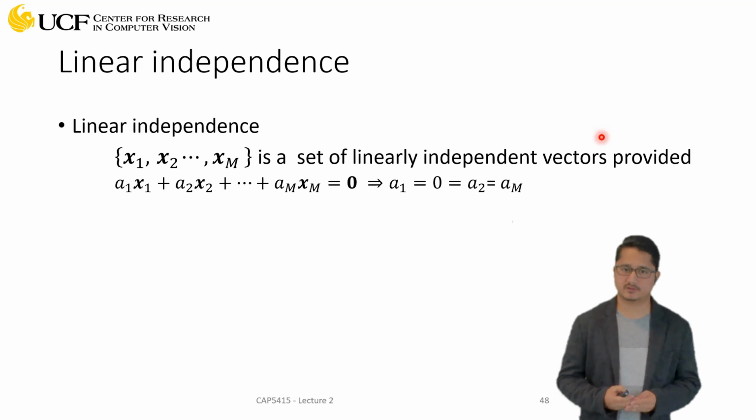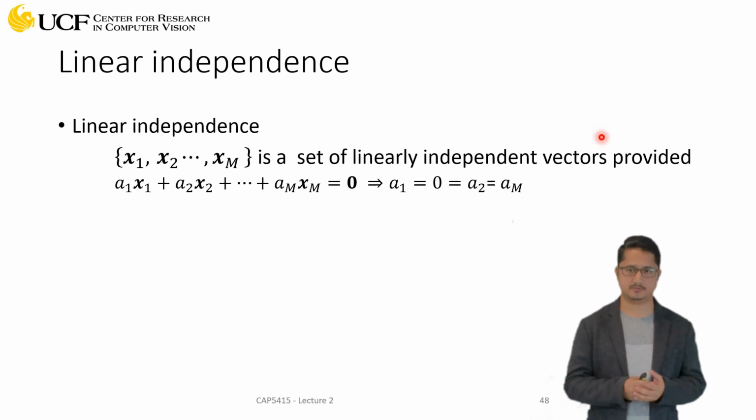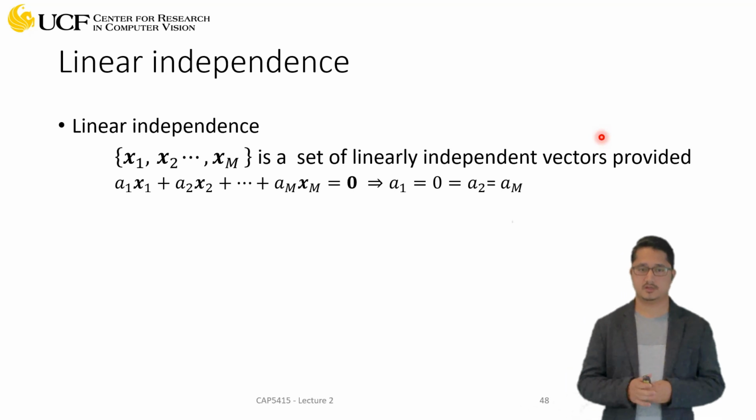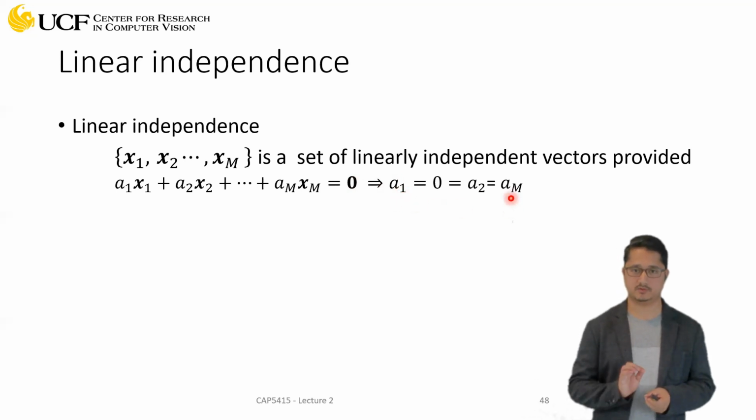The mathematical definition says if we have a set of vectors, in this case starting from x1, x2, all the way up to xm, and we say that these are linearly independent, then this condition should be met. If we take a linear combination of all these vectors and it sums up to 0, then it should happen only when all the coefficients, a1 to am, are all 0.